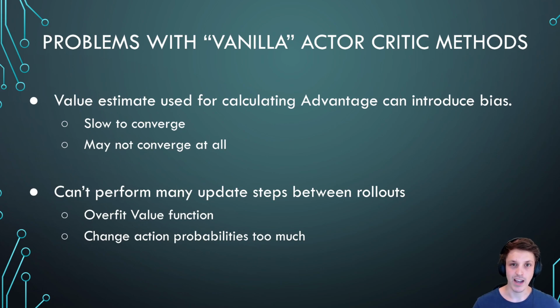What that means is that we have to throw out our stale rollouts and can only use the ones that we've just collected, which means we can't do too many gradient descent steps. And as we also touched on, even if we had a lot of data in our trajectories to update our model, by updating our model too much, we can actually make performance even worse by changing the action probabilities too much.